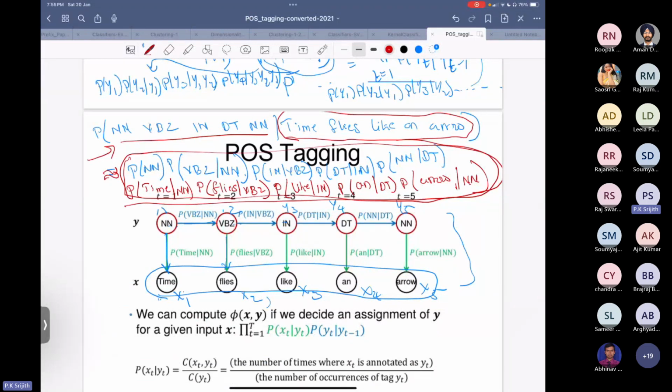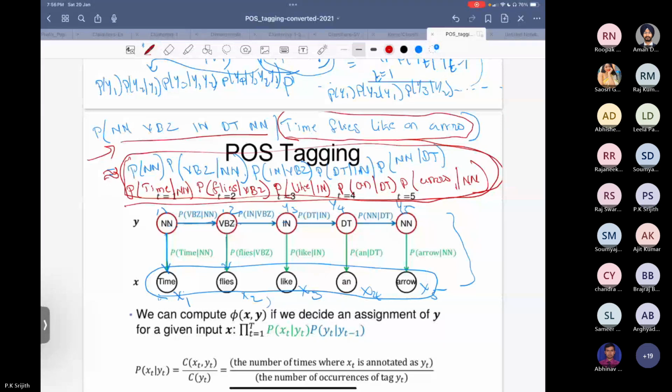So I choose the one with the maximum value across all the different tag sequences as my final prediction. That's how I do inference based upon this model.